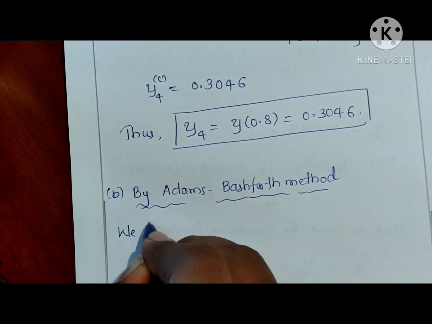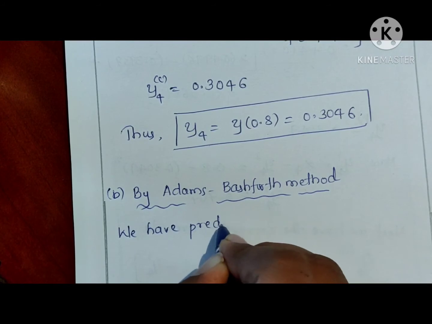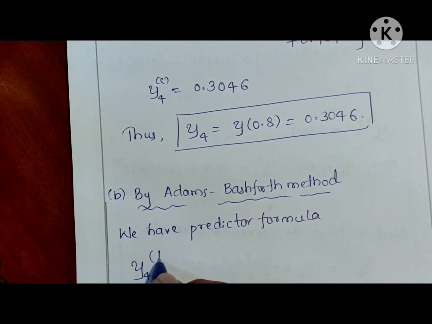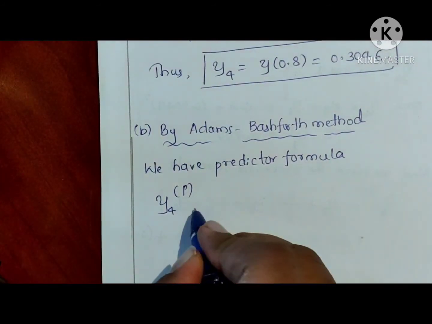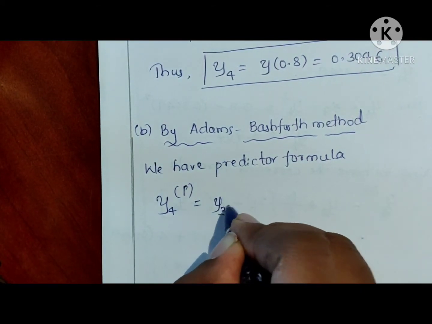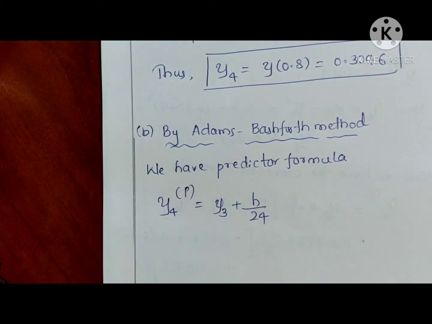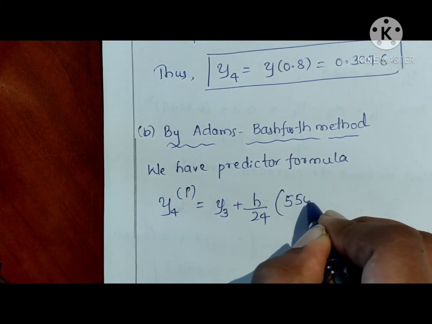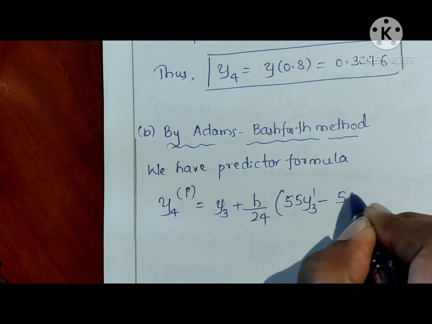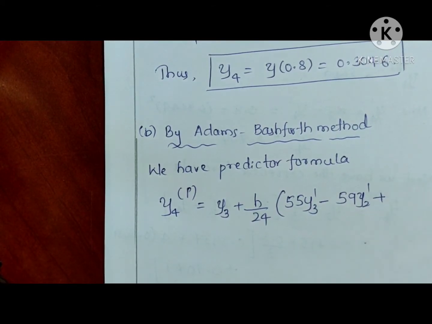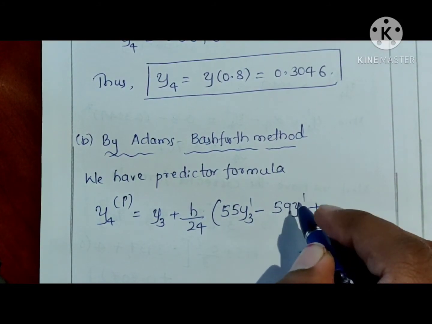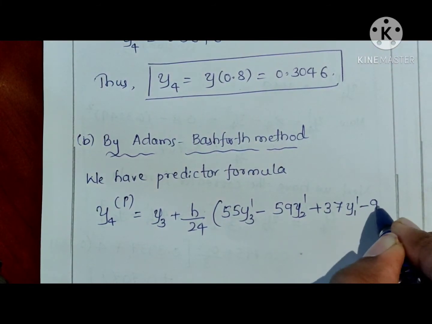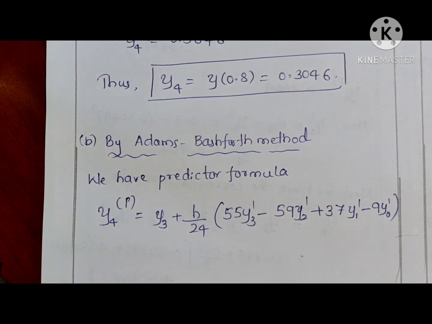First write down the predictor formula, that is y4 of p is equal to y3 plus h by 24 into 55 y3 dash minus 59 y2 dash plus 37 y1 dash minus 9 y0 dash. This is the predictor formula.